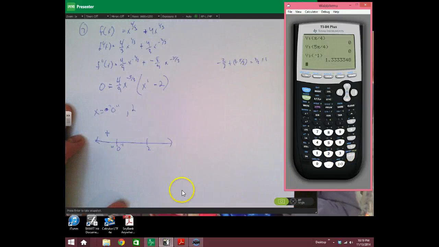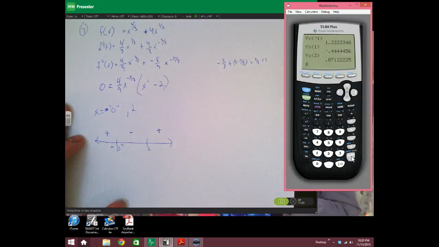Now we try something between 0 and 2. Positive 1 now is in there. It's negative. And then something after 2, like let's say 3. It's positive.